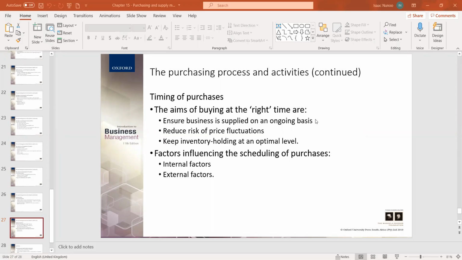We can also talk about physical facilities such as storage. These are all important internal factors. In terms of external factors, they tend to determine the time of purchase, and they include market conditions and government regulations. These are other external factors that can affect the scheduling of purchasing.